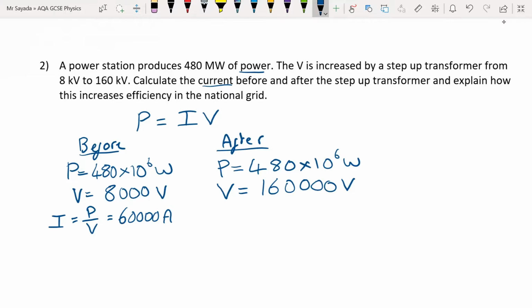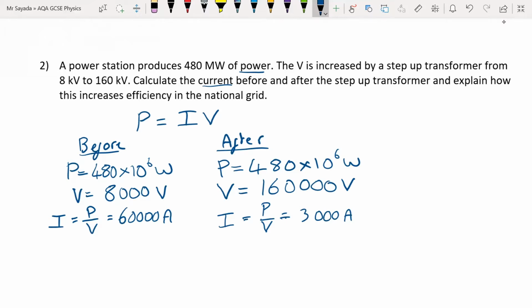Let's now go to this one and do I equals P over V. So let's do 480 times 10 to the 6 divided by 160,000, and that now gives 3,000 amps. Now, the truth is these numbers are not very realistic. In reality, the current in the wires would be much lower than these numbers that we've worked out, but we're just practicing using the equations to understand the principles.